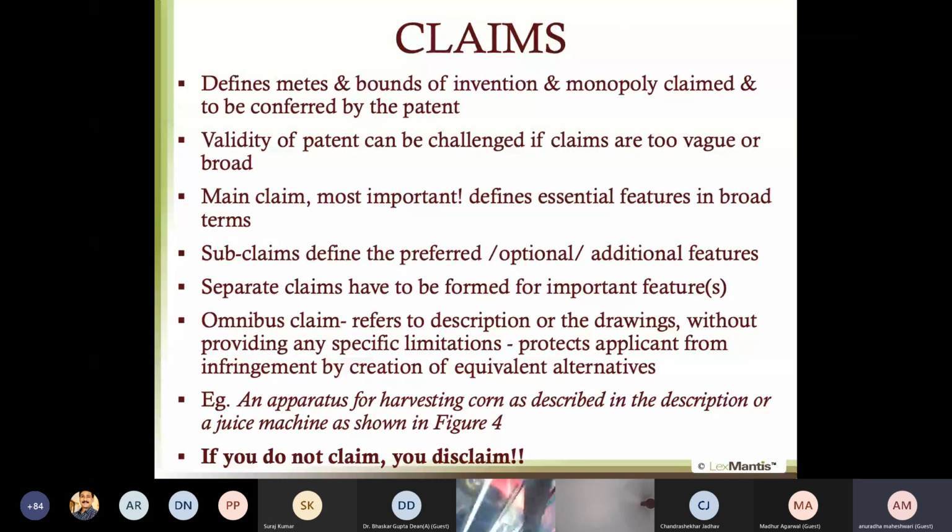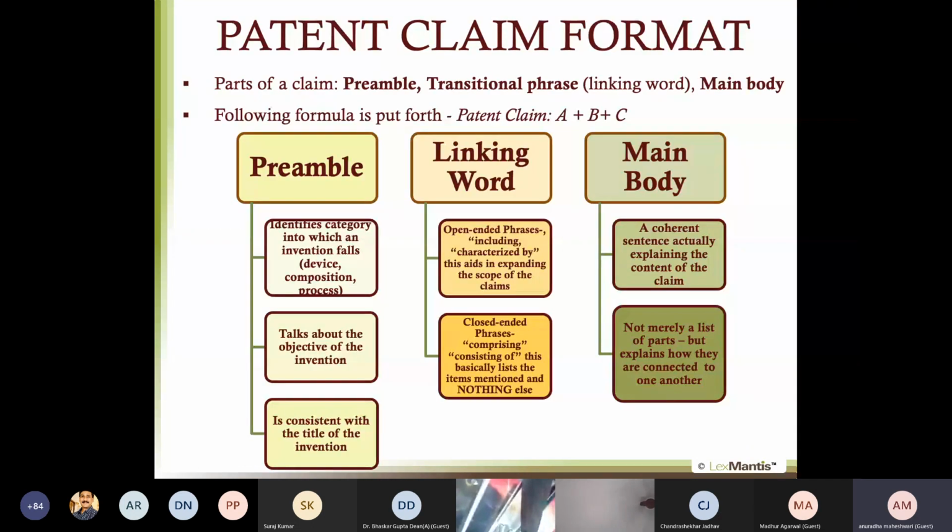For example, an apparatus for harvesting corn as described in the description with so and so figure, or a juice machine as shown in figure 4. This is one way of writing claims. If you do not claim, you disclaim. This is a golden rule which has to be remembered.